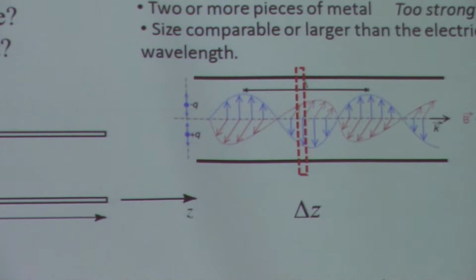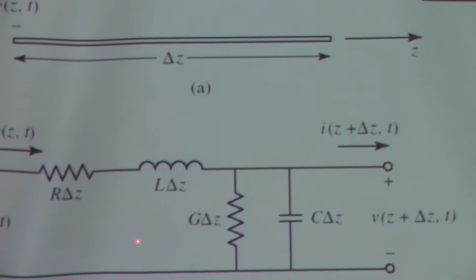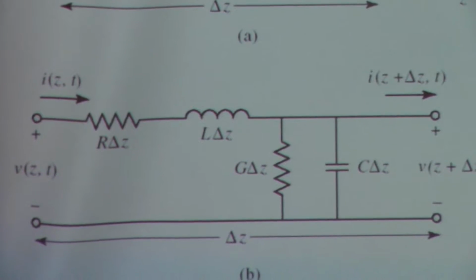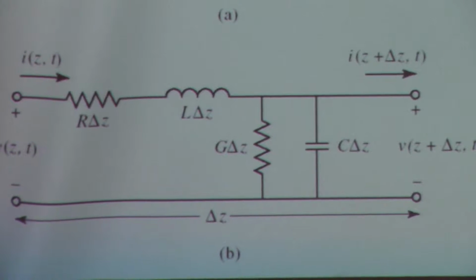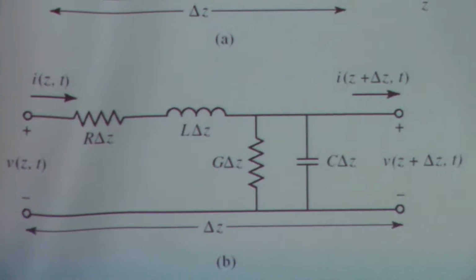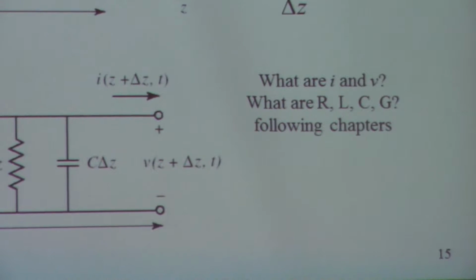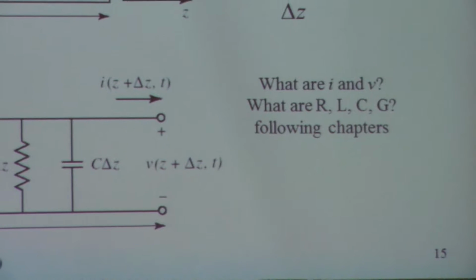You use resistors, inductors, and capacitors to describe the circuit. That simple small circuit you can. In the future you will know how to find out what is R, what is L, what is C, what is G. But anyway, you have this circuit now, it's an equivalent circuit.